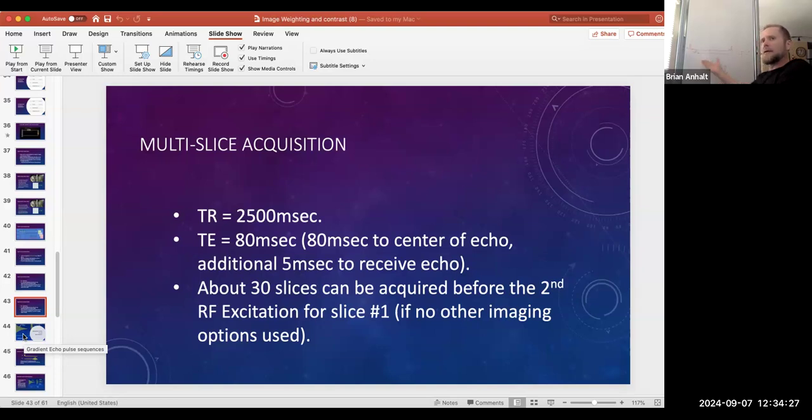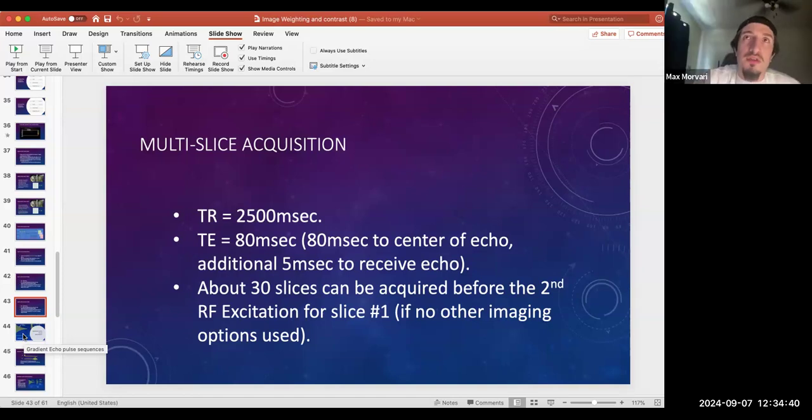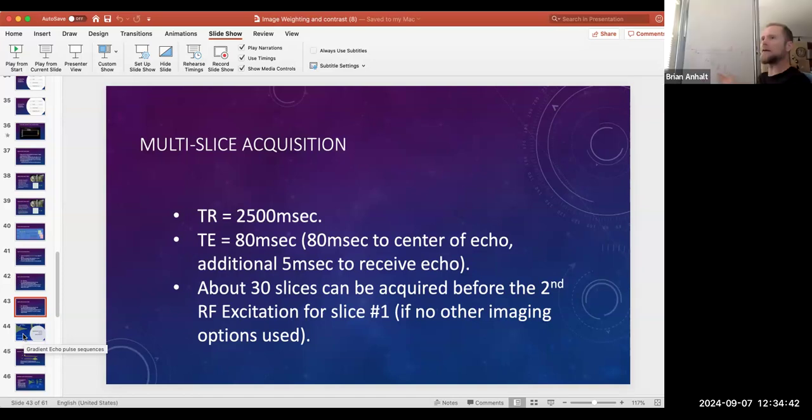It is a parameter construct that we need to function under. Anytime a system is doing a pulse sequence, it is going to collect one echo per slice per TR. So TR is going to control the amount of slices we have available to us, and the TE to some degree.